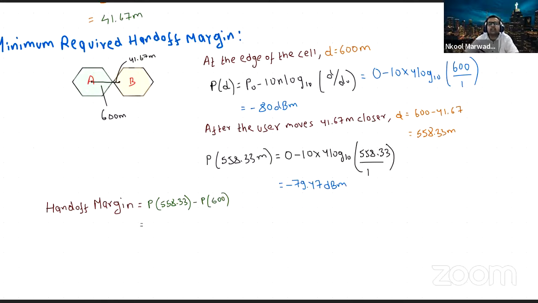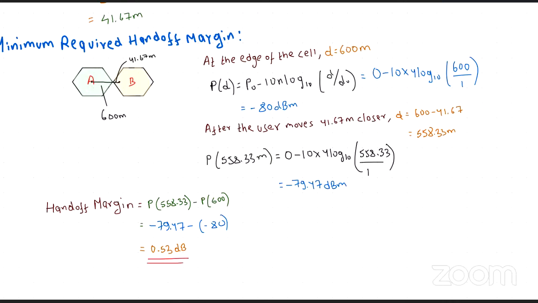Power received means the signals which we are receiving from the cell B, base station B. It is minus 79.47 minus, minus 80. And what will you get? 0.53 dB. And this is the answer. Handoff margin is this.